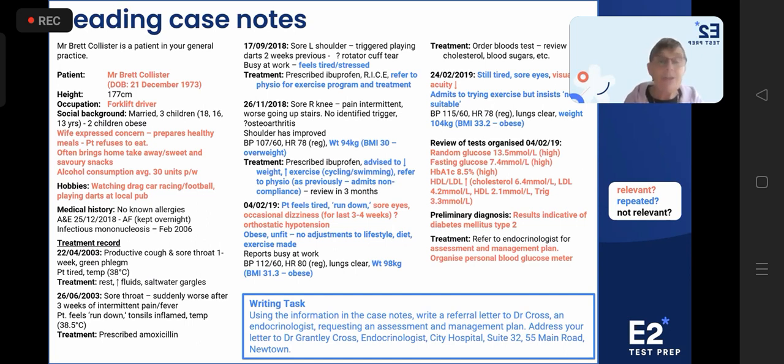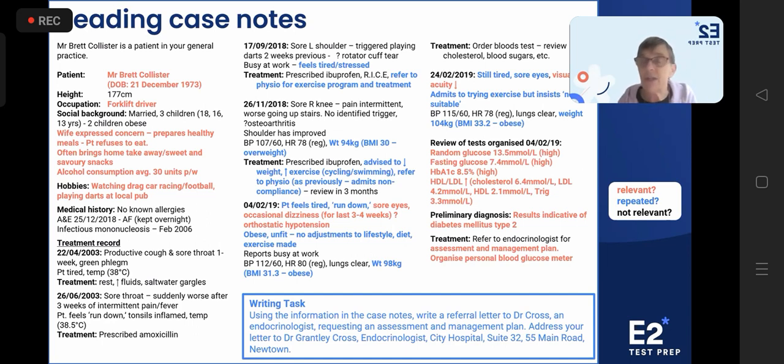So, New Year, February, comes back again, feeling tired and run down. His eyes are sore. He sometimes gets dizzy and has that hypertension. We know now he is obese. He's got a 31.3 BMI. He's unfit. He didn't change his lifestyle, his diet, or the exercise.